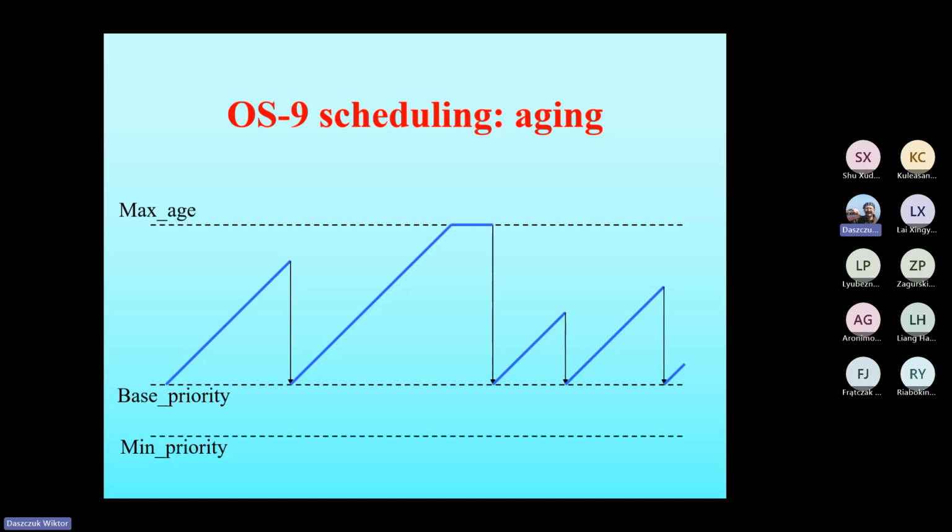And again, the priority starts to rise. It does not rise forever, because if it reaches max age, it stops rising. It's shown here. It gets the processor, so the priority is suppressed again to the base priority, and so on and so on and so on.